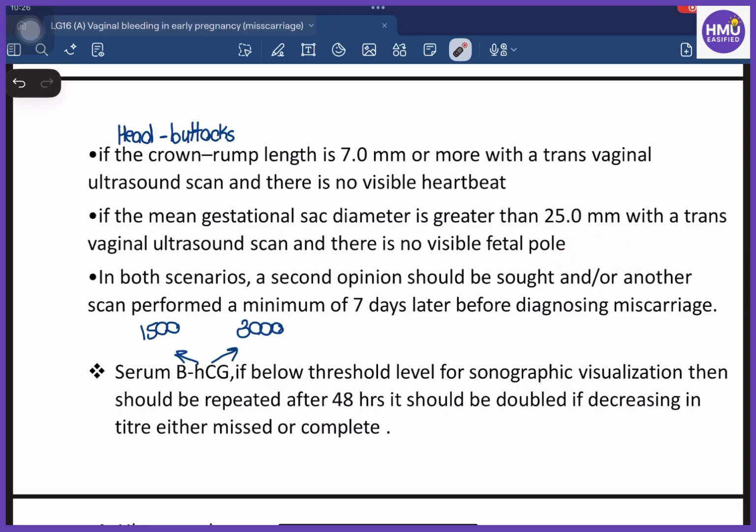So the two scenarios are: crown rump length 7 millimeters with no fetal heartbeat, or sac over 25 millimeters with no fetal pole, meaning miscarriage.